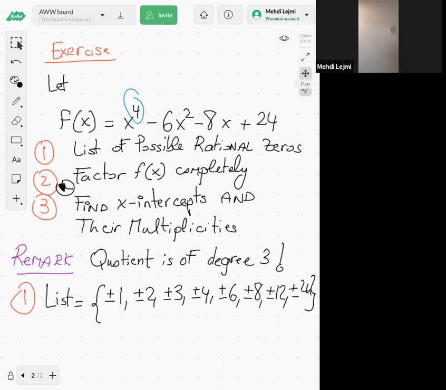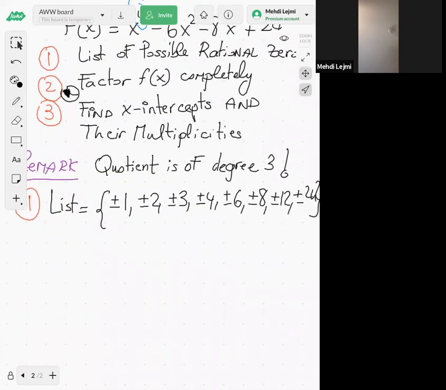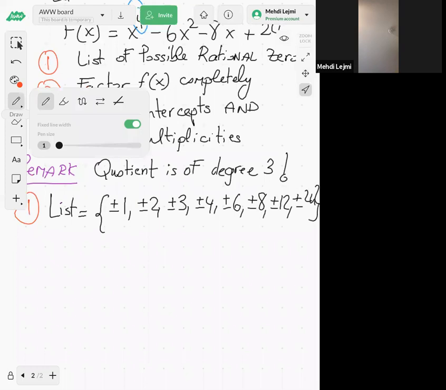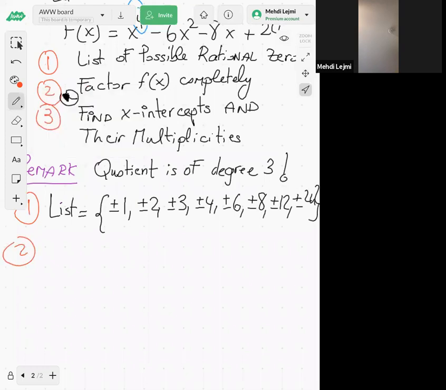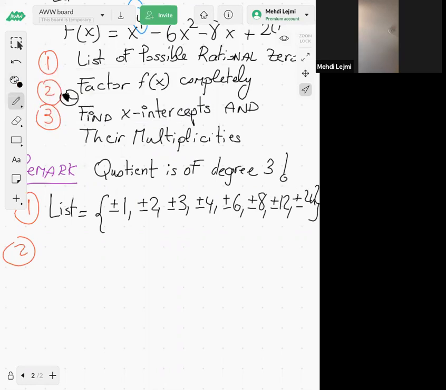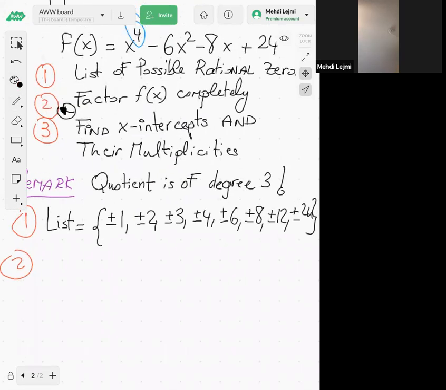Now, you want to factor f of x completely, right? So first, you have to check these numbers in the list to see if we get a solution. Let's say the first number is 1. f of 1 is 1 minus 6 minus 8 plus 24, which is obviously not 0.